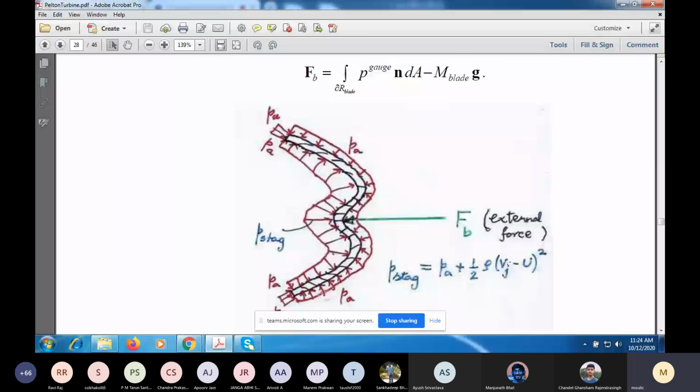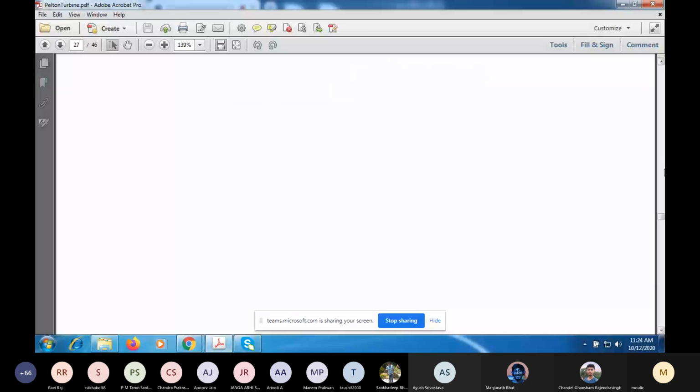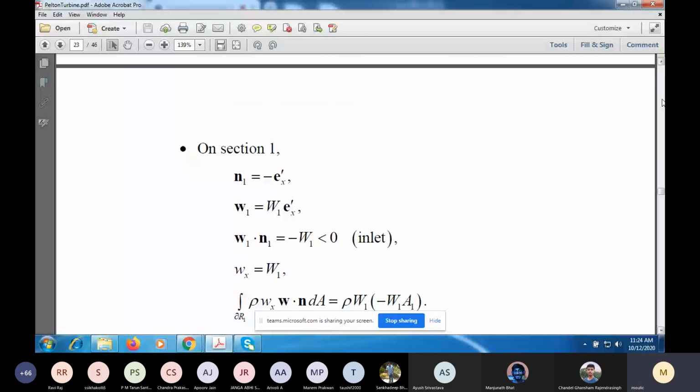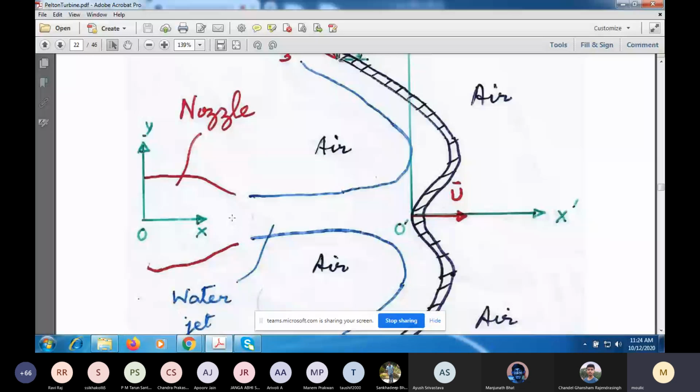Okay. So if you go back and look at this point here, when the jet is coming out, the absolute velocity is Vj, as seen by an observer in the green frame on the left.